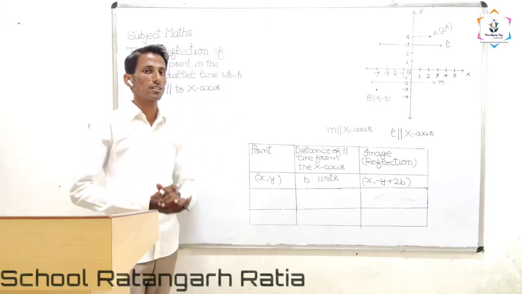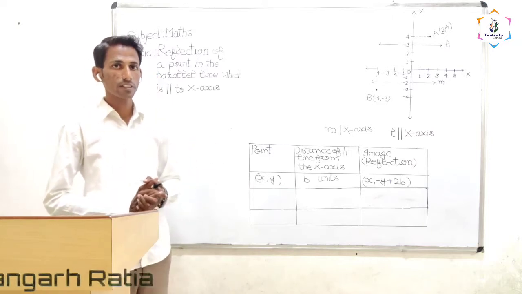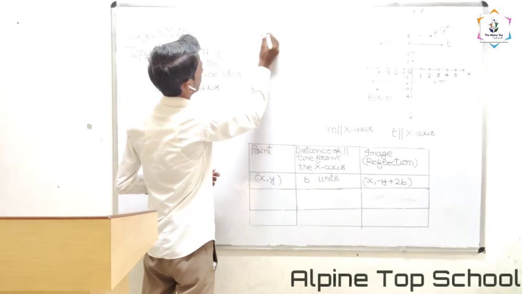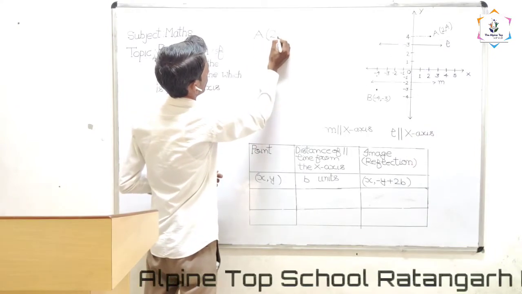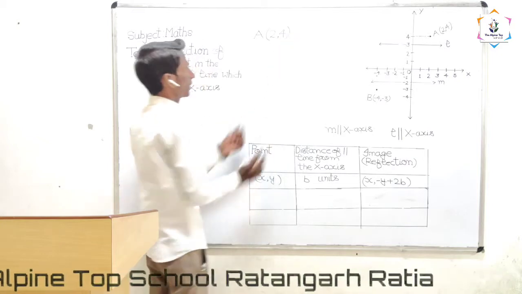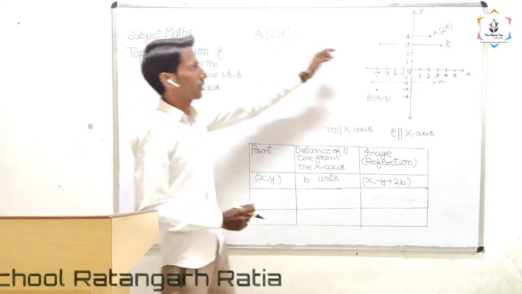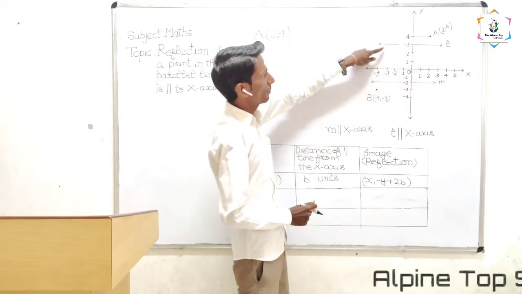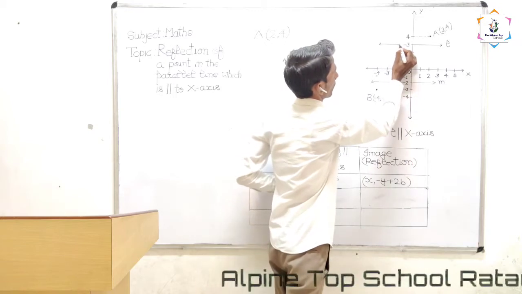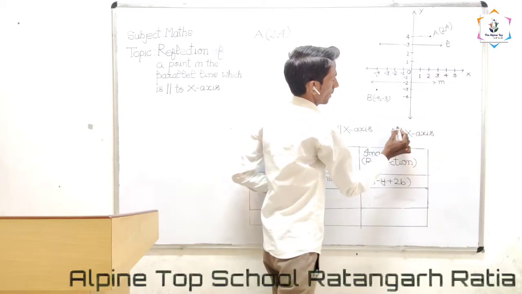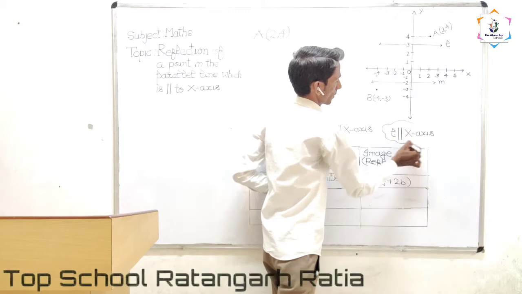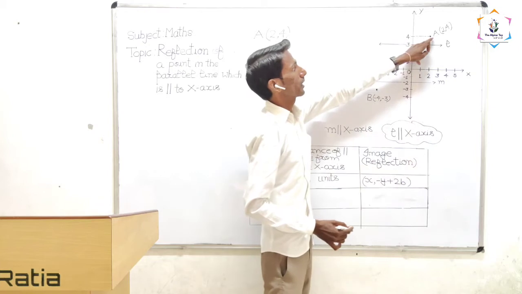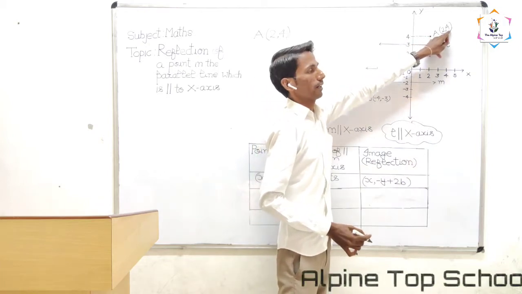Now we are going to demonstrate this concept practically with some examples. Firstly, I want to take one point A whose coordinates are (2, 4), and I have already drawn this point on the graph. Students, you can observe that I have also drawn one line named L, and this line L is parallel to the x-axis.